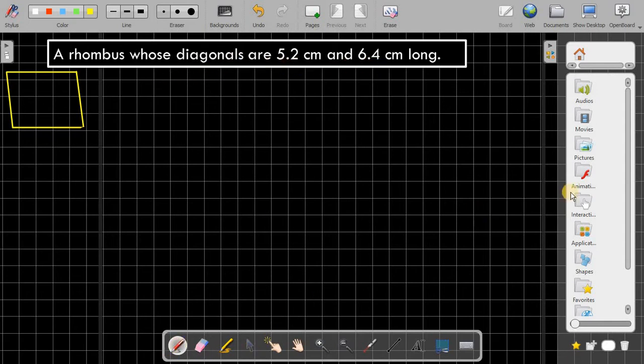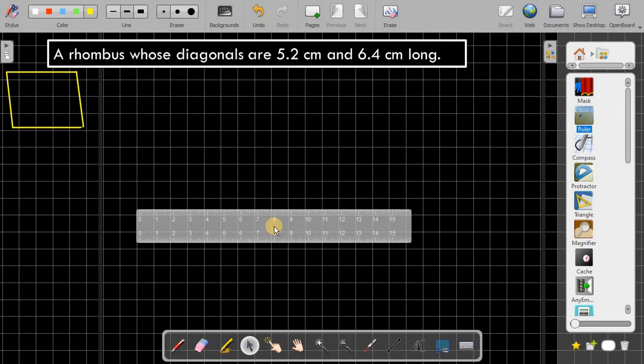First you have to use the scale, and by taking the help of this you draw the line segment, or you can say the diagonal, which is 5.2 or 6.4 centimeter. You can do any one. Suppose I am taking 6.4 centimeter.